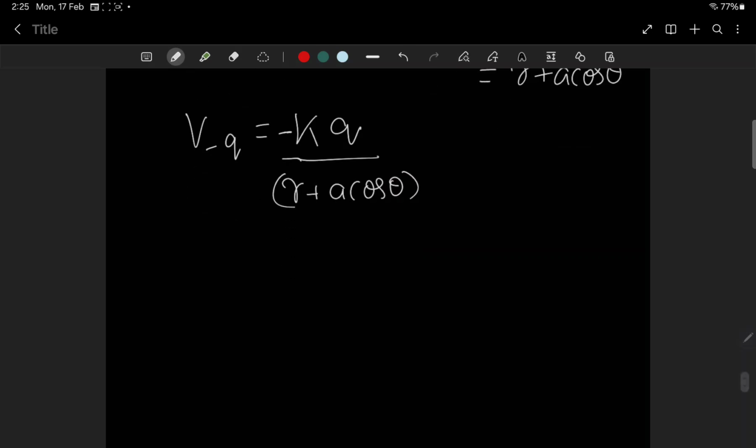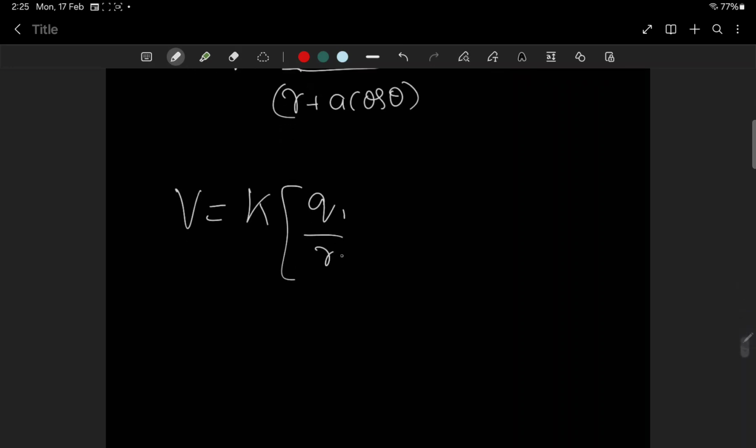Now what we will do? We got two of them, plus Q and minus Q. For getting the net, we should add both of them. So V is equal to K, taking common, Q times 1 by R minus A cos theta plus minus 1 by R plus A cos theta.